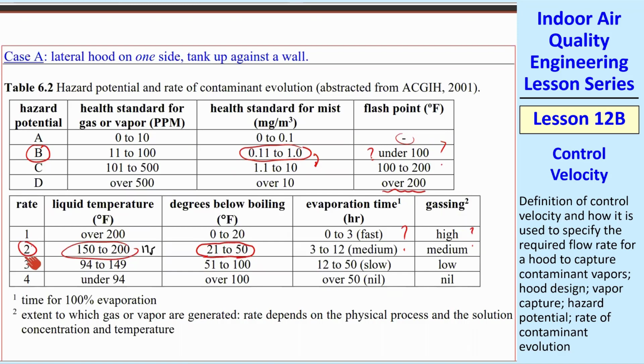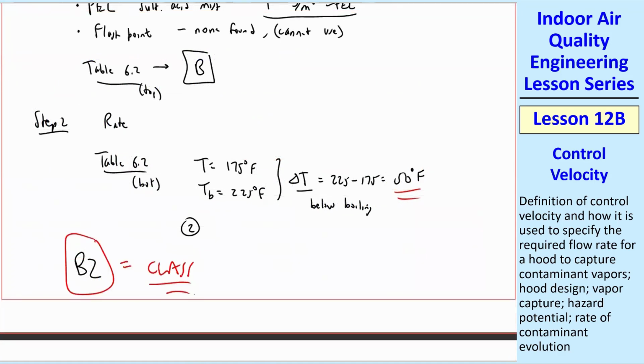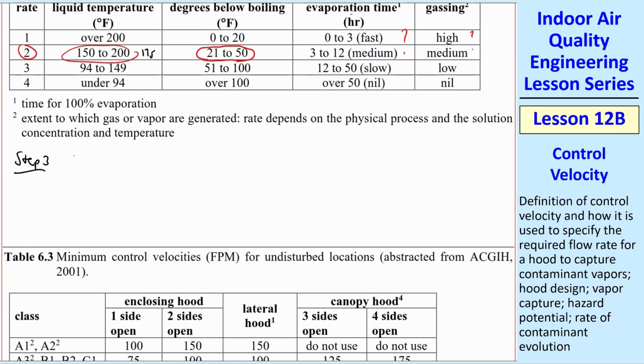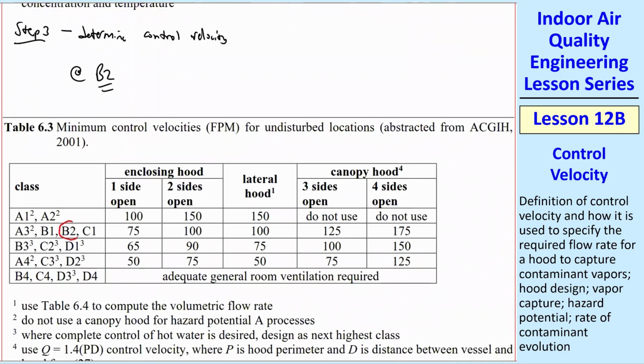So I'm going to call this 2, so B2 is our class for this particular chemical at these temperatures. Step 3 was to determine the control velocity. Once we have the class, we just look this up, find our B2. We're talking about a lateral hood. So our control velocity is 100 feet per minute.